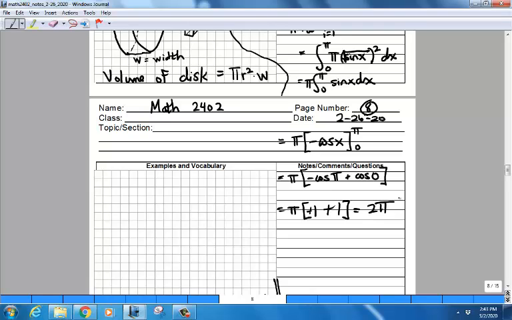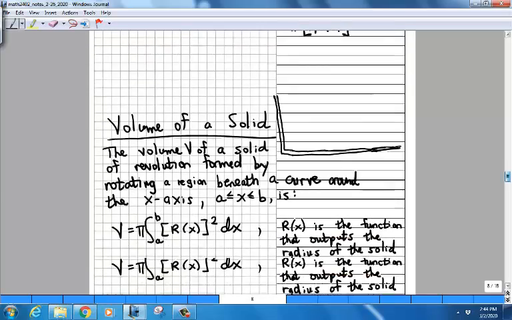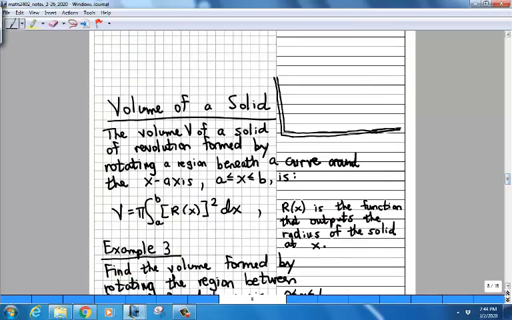Let me show you quickly, we have 1 minute, here's a summary of what we just did, all summarized into a nice formula. If you have a volume created by rotating a region, the area beneath a curve, around the x-axis, just like in this football problem, here is how you compute the volume.